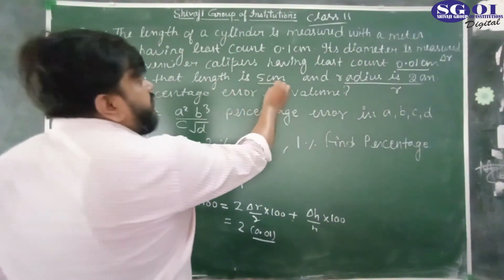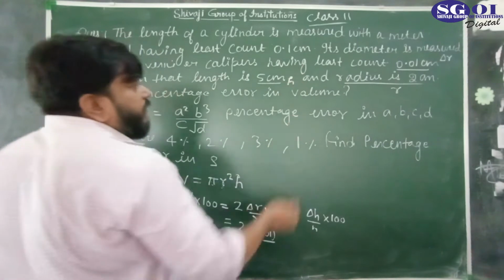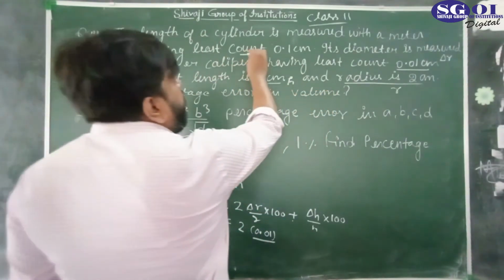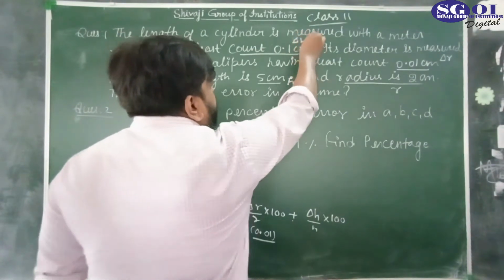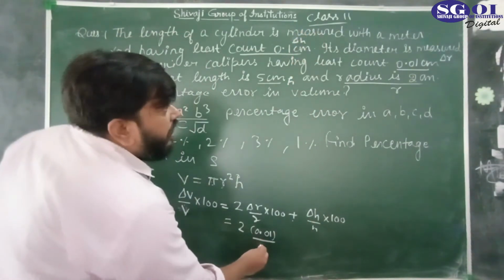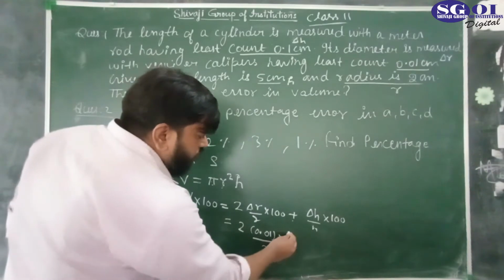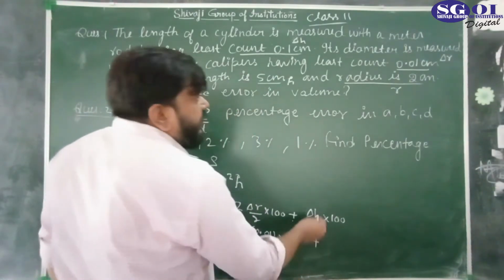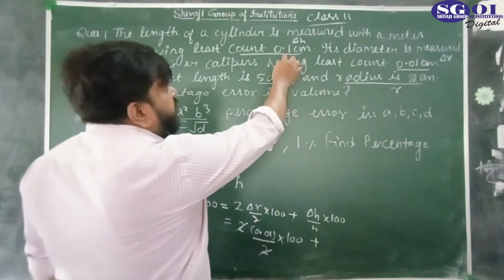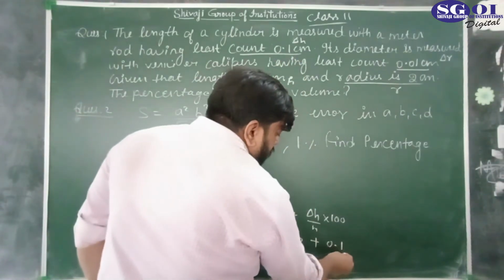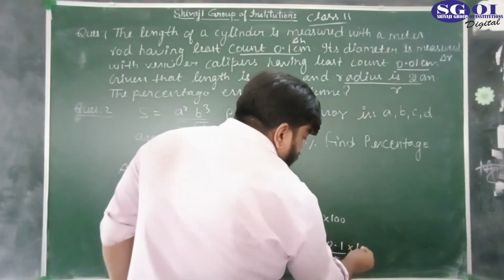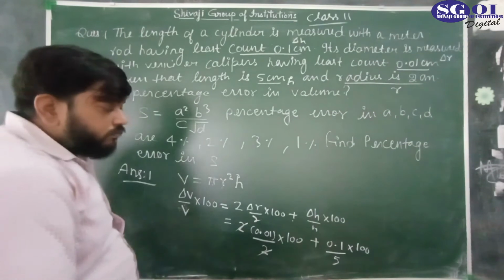And length, I have denoted this by h, so this is h. And what is delta h? This one is delta h. So just put all these values here. Delta r is 0.01 upon r is 2 into 100, plus delta h 0.1 upon h is 5 into 100.